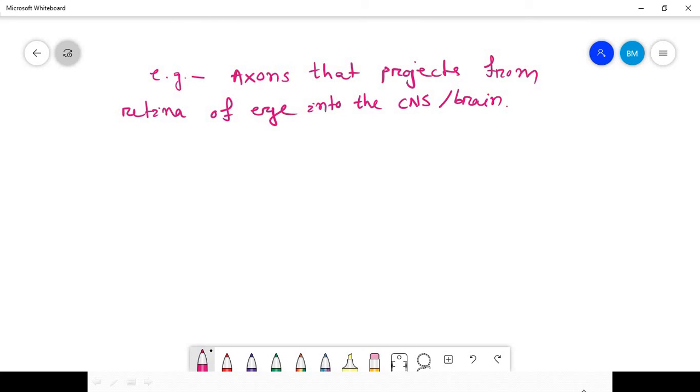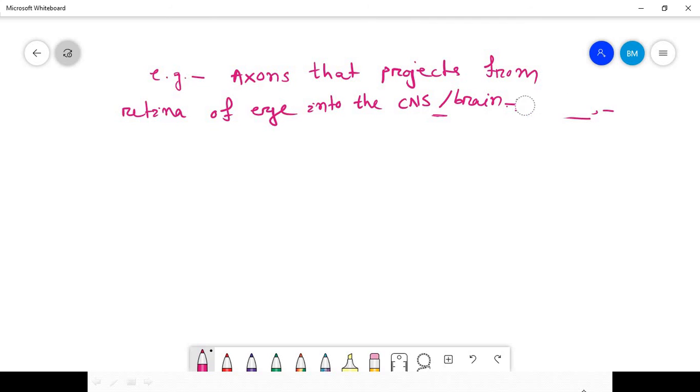Those axons are called nerves when they project out of the eye into the central nervous system.